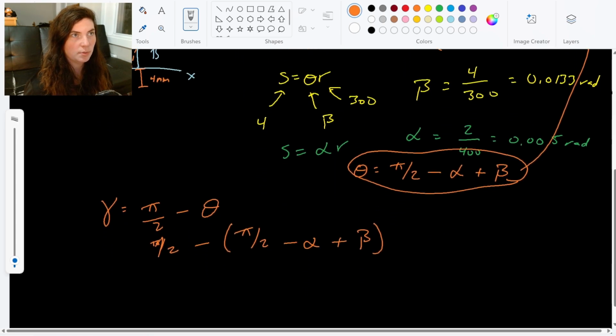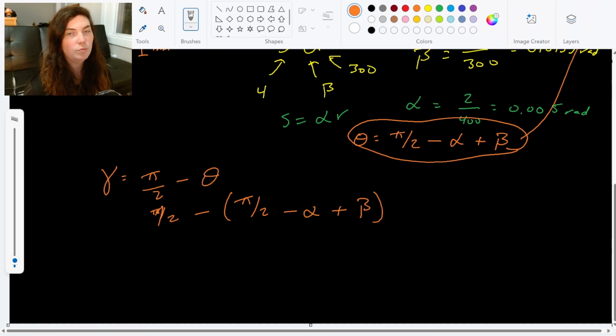And I can go ahead and simplify that out. It makes it really nice because my pi over 2's cancel out now. So gamma, my shear strain, is going to be, alpha, sorry, not beta, alpha minus beta. Distributing that negative sign, I get alpha minus beta.